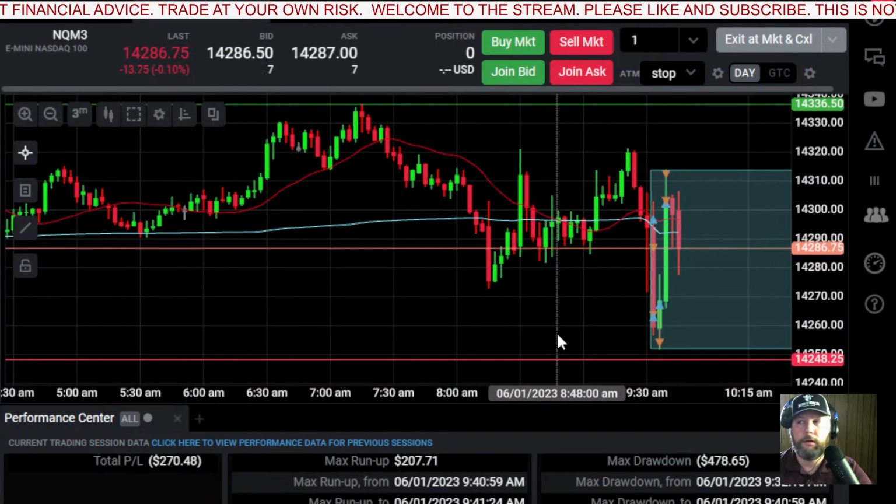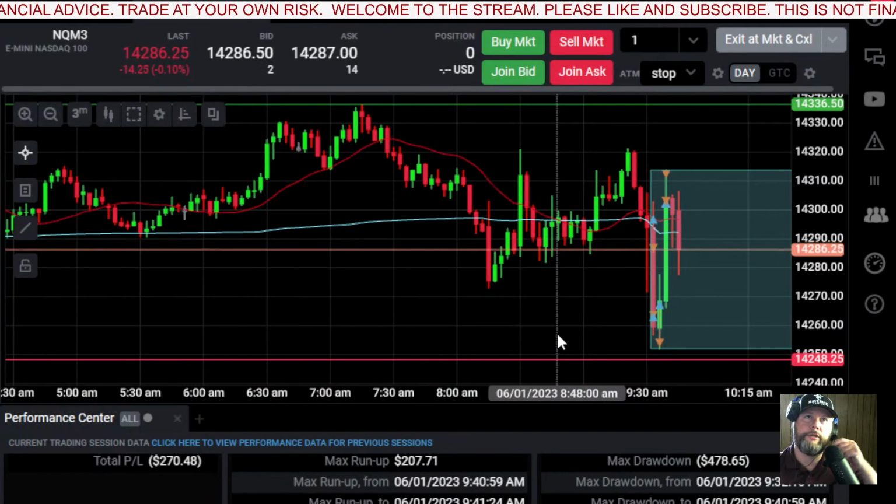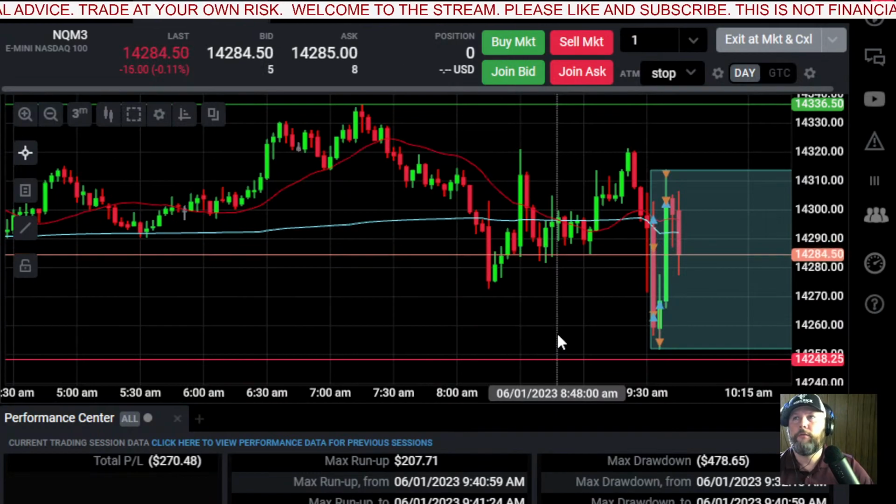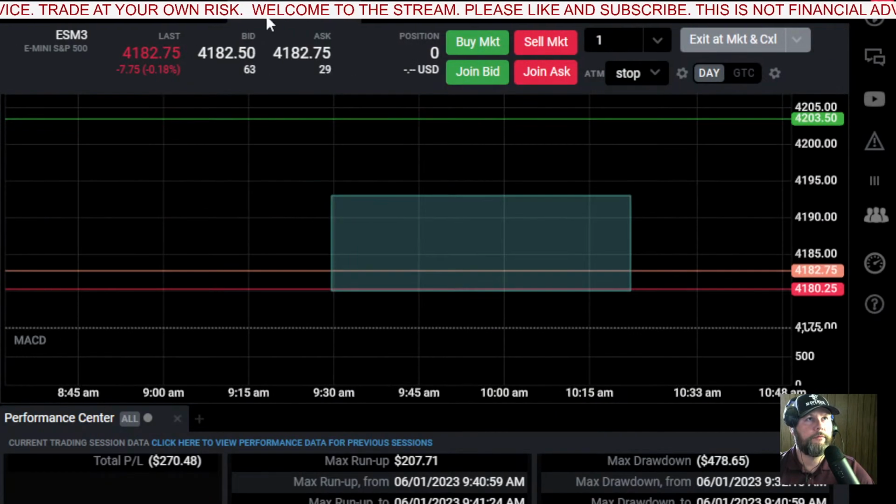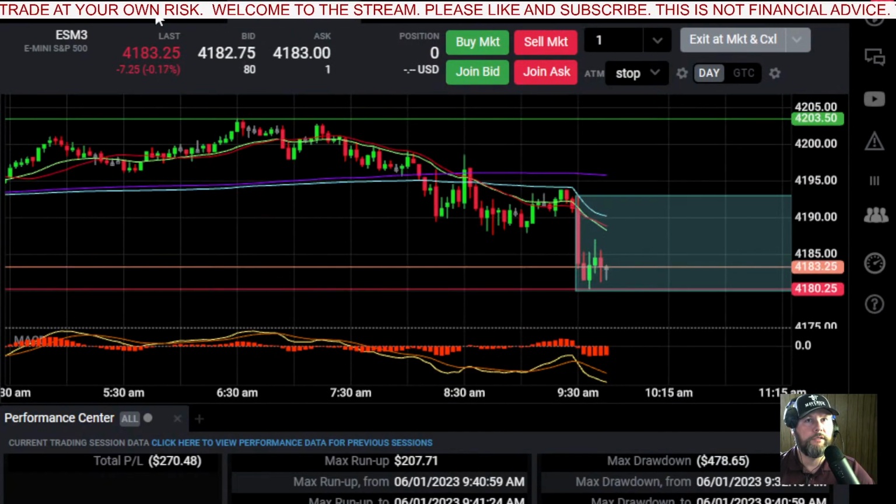So we kind of marked out our first 15-minute candle here. So really wait for kind of a breakdown or a breakout of one of these levels.